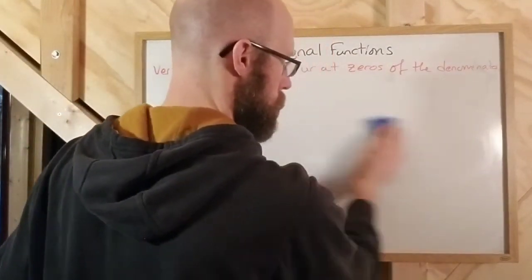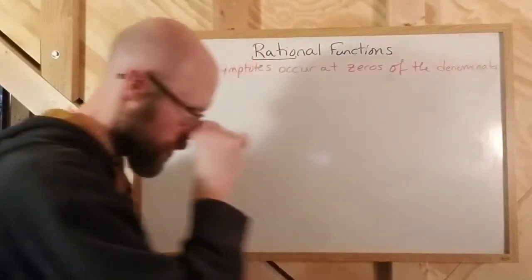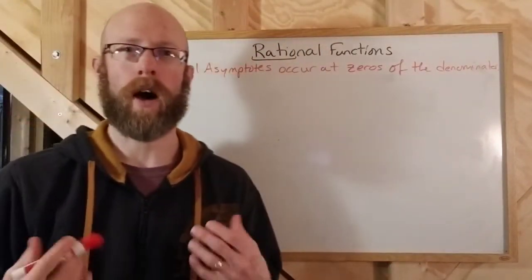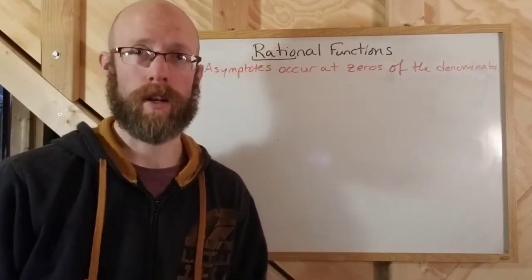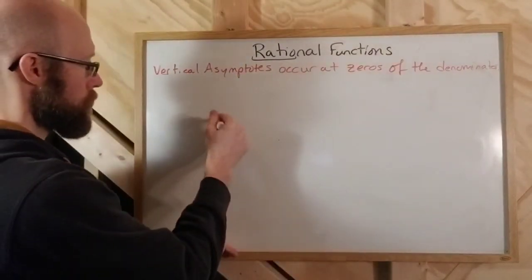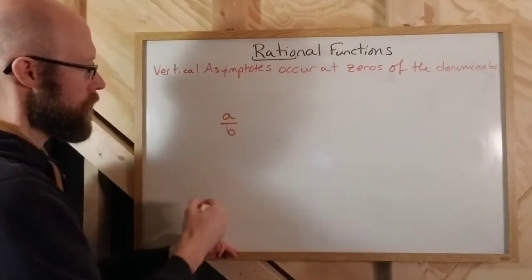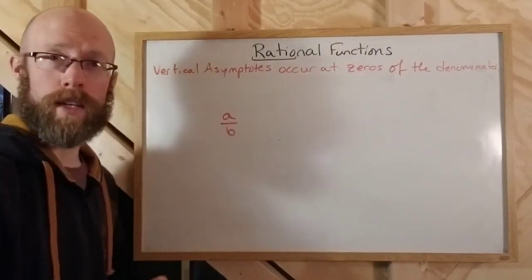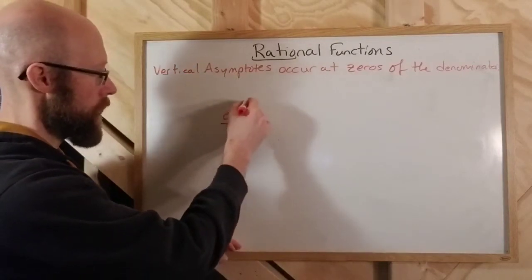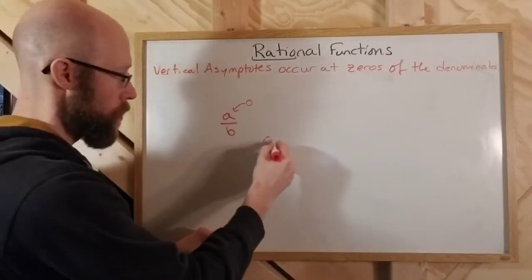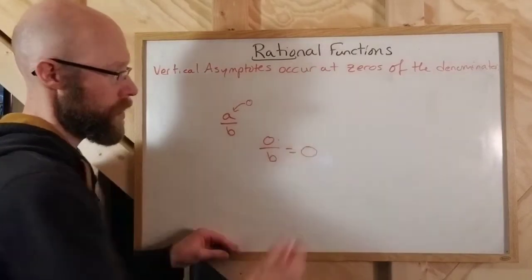think about fractions for a minute. Think about how you would get an answer of 0 from a fraction. If you had two numbers, say a over b, what would you have to plug in where to get a 0 as an output? Well, you'd have to have a 0 on top. If you had 0 over anything, that's going to equal 0.